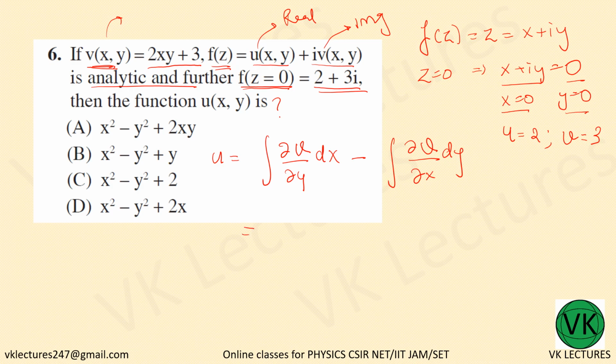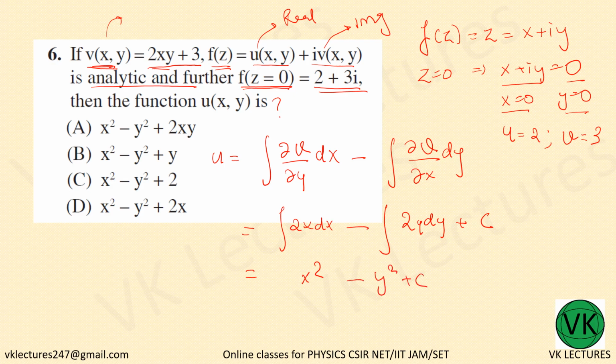With respect to y you have to differentiate, so you get 2x. So integral 2x dx minus integral dou v by dou x, which is 2y, dy, plus some constant of integration. So that is equal to x square minus y square plus c.